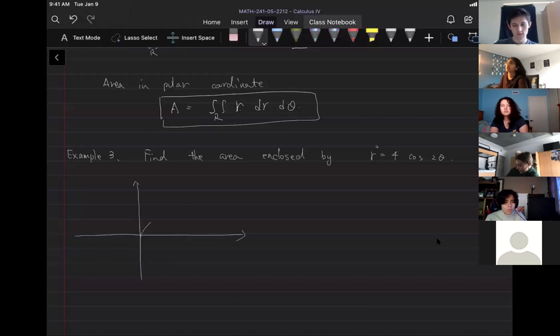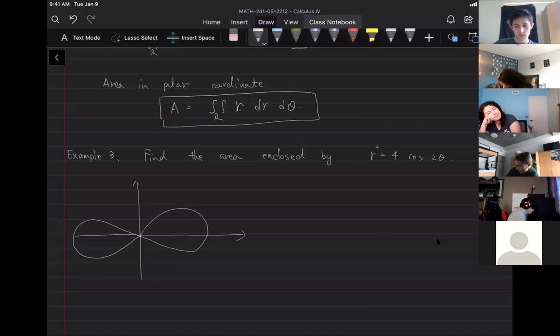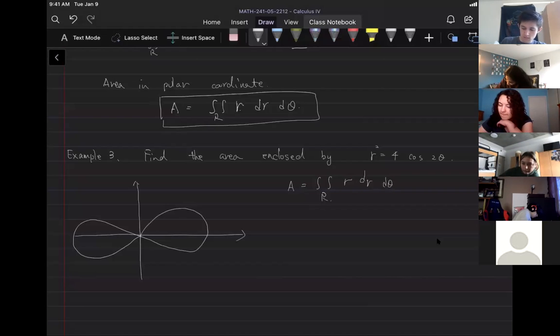Now let me share my notes. Okay, so let's draw the graph here. It looks like this, right? So first step, we know for the area, we need to set the function as 1, so it's going to be dr d theta. That's our first step. Actually, the whole area is symmetric.